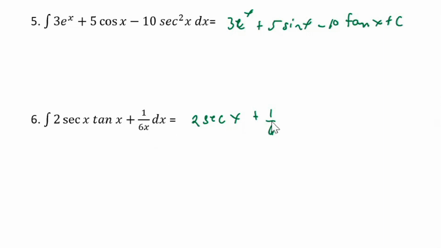The integral of that will give you ln of x plus a constant. Therefore, the integral is equal to 2 secant x plus 1 over 6 ln of the absolute value of x plus a constant.